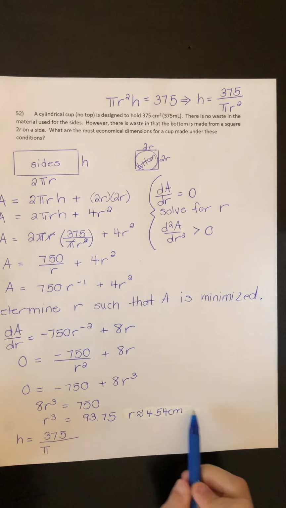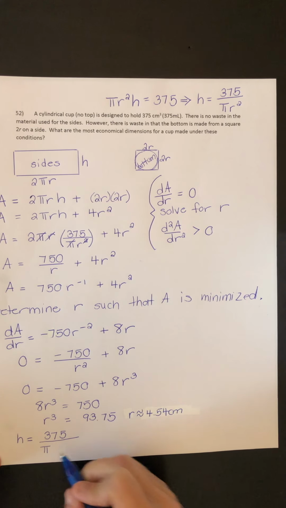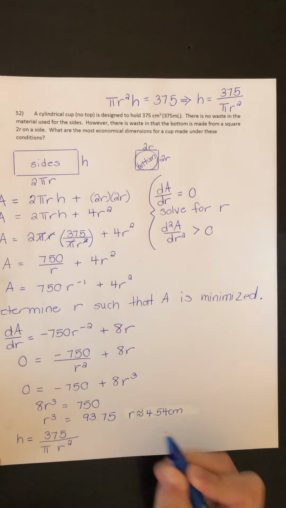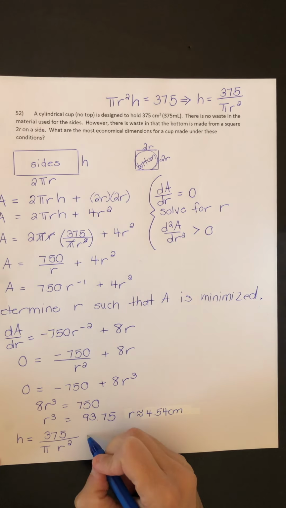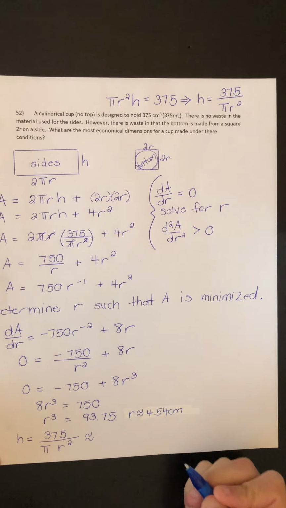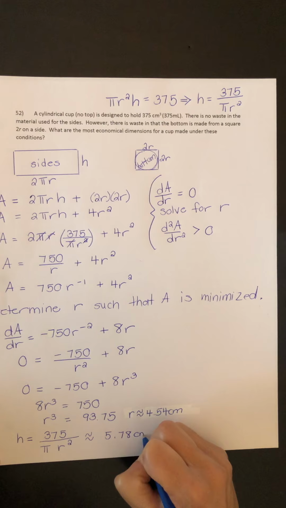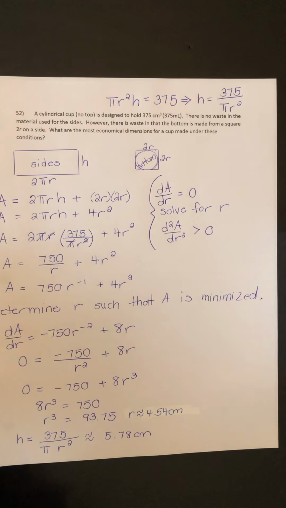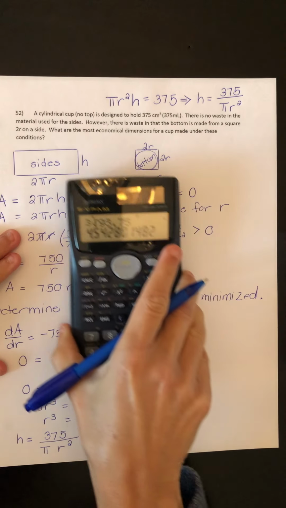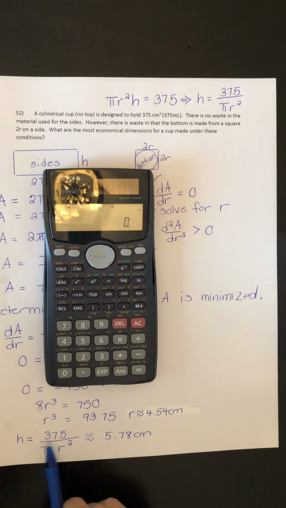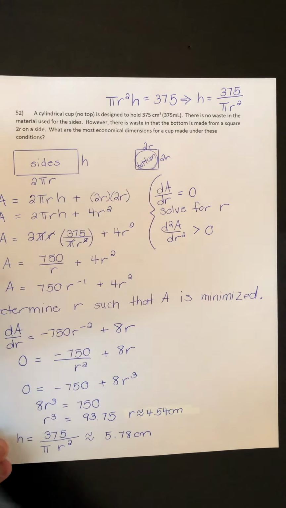Okay, and then once we have that r, we simply substitute it into this equation for h, and we'll get that h is roughly 5.78 centimeters. Okay, and that's just by doing 375 divided by pi times 4.54 all squared. And now we have the height as well.